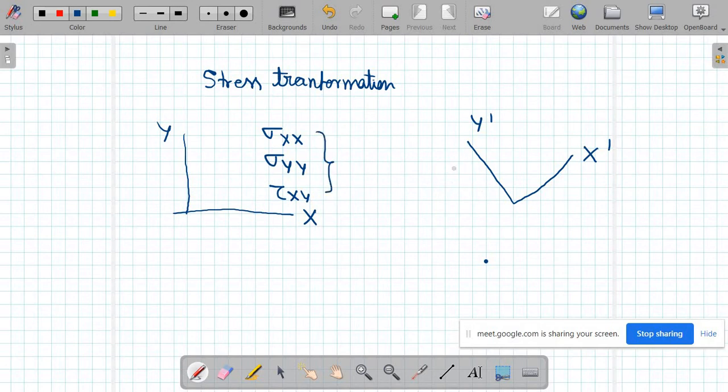Now, if we transform from one coordinate system to another coordinate system, we are willing to find out the stresses sigma x'x', sigma y'y', and shear x'y'. So, I am looking for this.